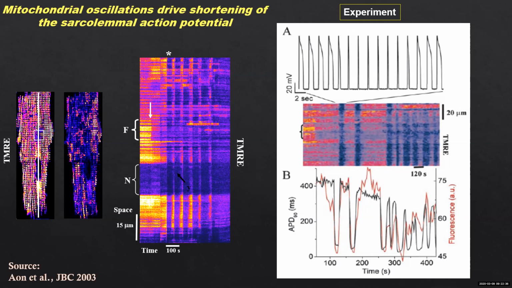And on the right, the plot shows the escalation of the oscillatory behavior from the subcellular to the cellular level, which is visualized during the phase of mitochondrial loss of the membrane potential, here in the blue bands, which is coincident with the action potential shortening recorded simultaneously, which you see here normal, and then in the blue band, when the mitochondria have lost the membrane potential, it is dramatically shortened, and becomes normal again when the mitochondria regain membrane potential.